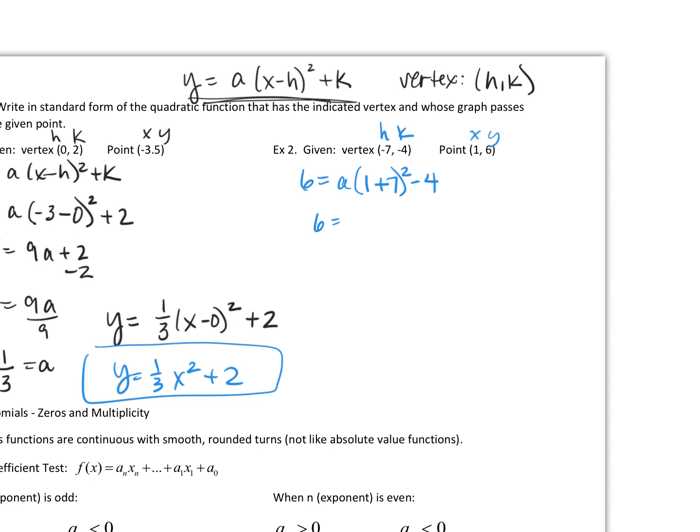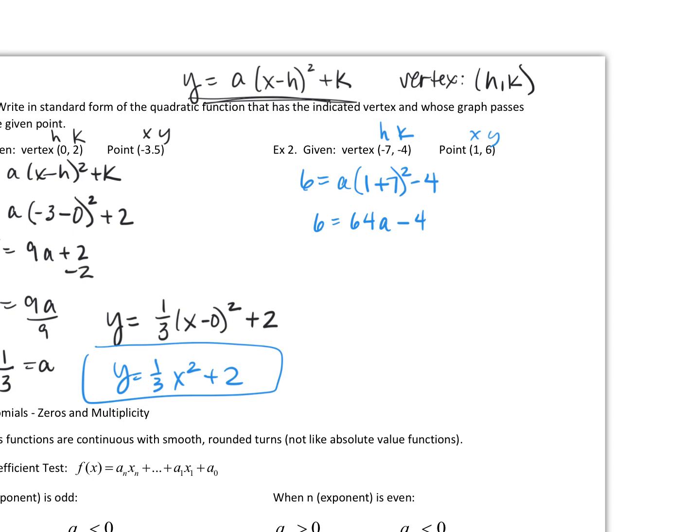Yes, you do need to remember it. So maybe make it a point to write it down each question you do, because it'll drill it in your brain. It'll get there. Okay, 7 plus 1 is what? 8, and 8 squared is? 64. Good. So 64a minus 4.